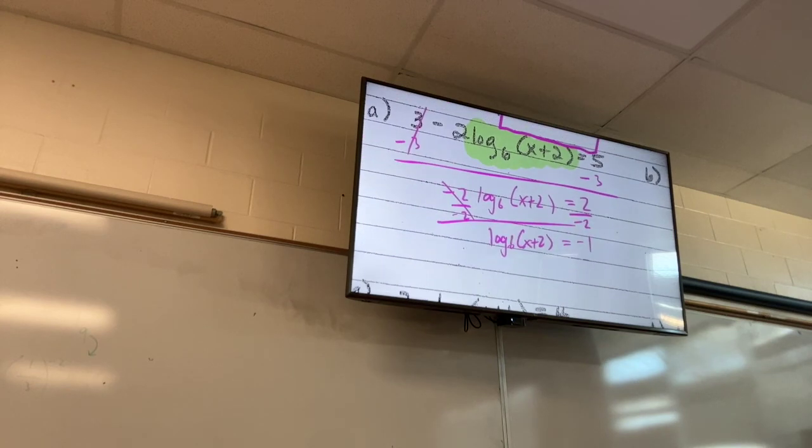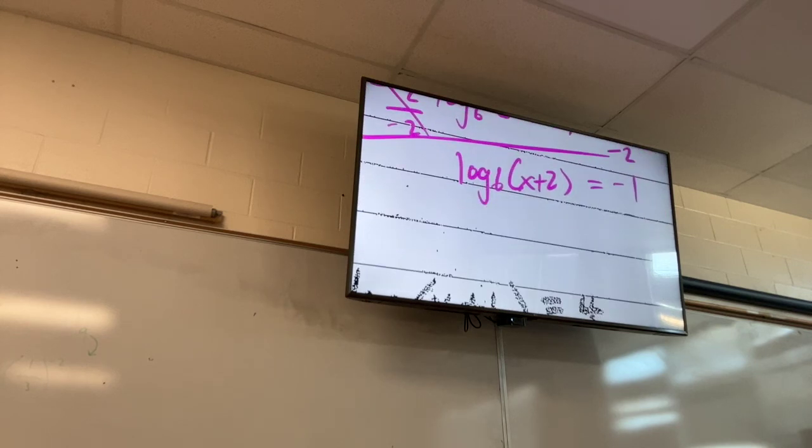How do we break an x out of a log? You do the opposite, right? A log breaks it out of an exponential, and an exponential breaks it out of a log. So 6 to the left equals 6 raised to the right.